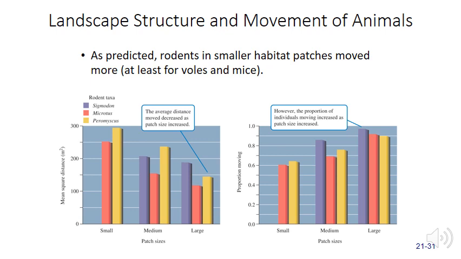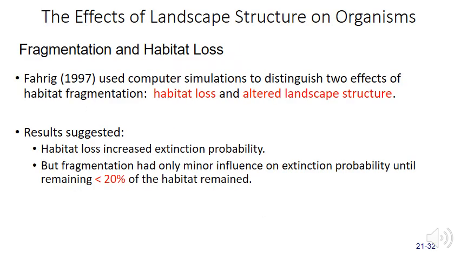Another really good example of an experiment that's looked at the effects of landscape structure on organisms comes from Lenore Fahrig in 1997, who is famous for using computer simulations to ask questions about ecology. In this case, she used simulations to tease apart 2 different effects of habitat fragmentation.